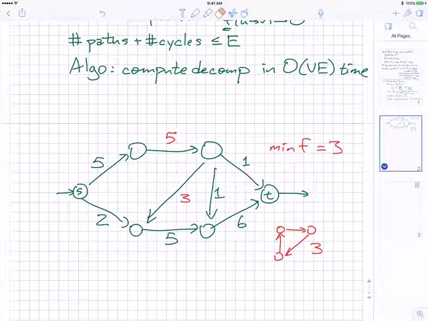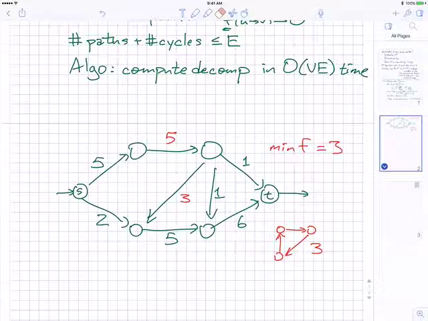Yes? So how do you find a cycle in a directed graph? Well, there's actually a two-word answer. Bellman-Ford will find a negative weight cycle, right?